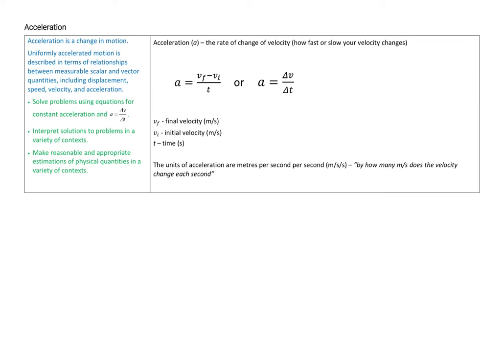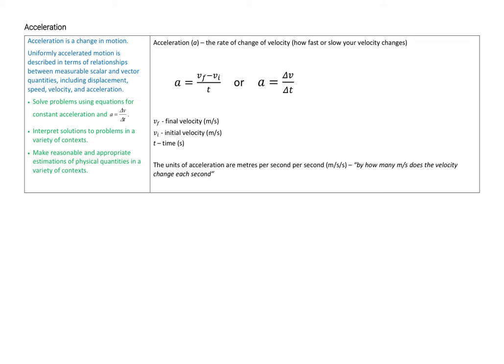For those of you who go on and do some more complex mathematics, we would talk about the fact that velocity is the slope of a position versus time graph. It's the rate of change of position. And if you go on and do more maths, you would talk about velocity being the first derivative of displacement, which derivative is a fancy way of working out slopes.